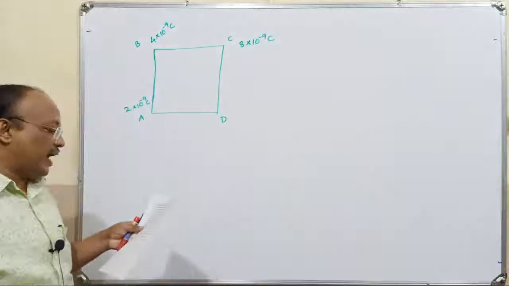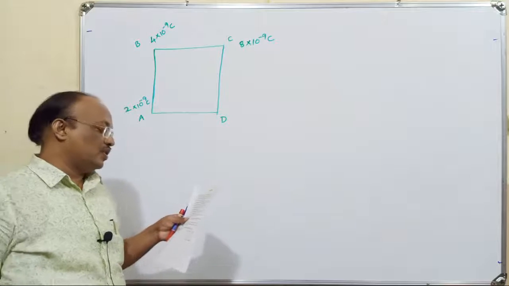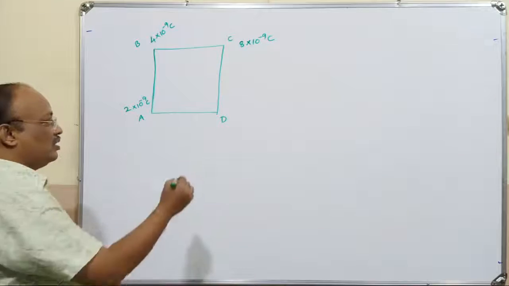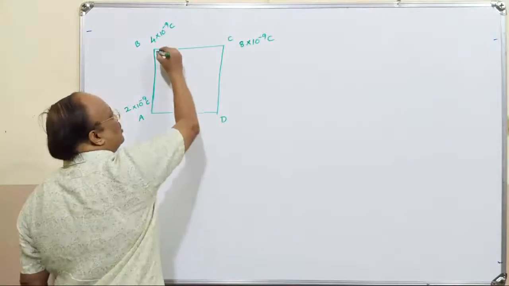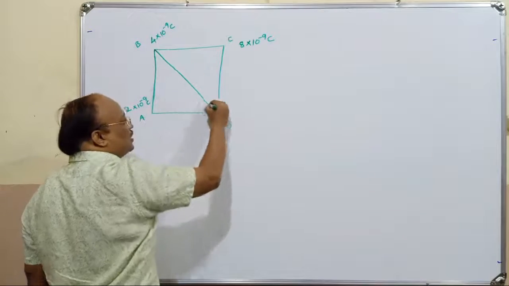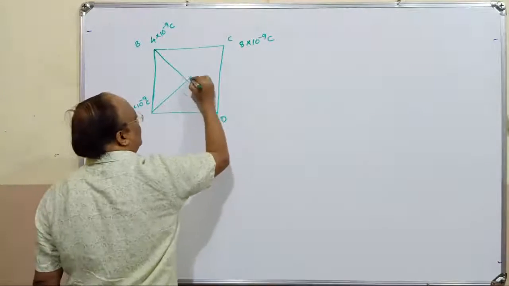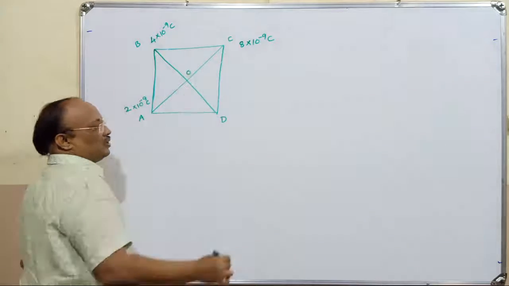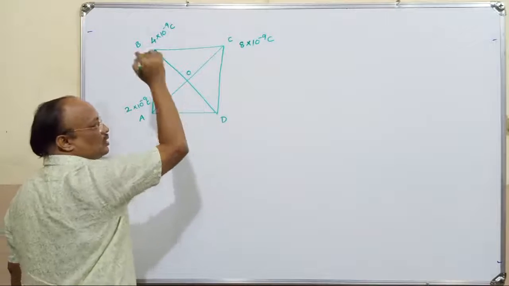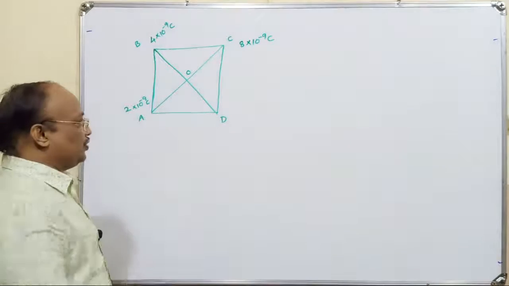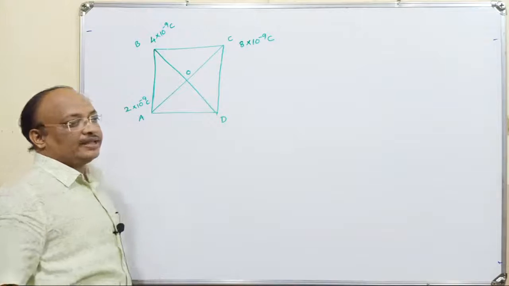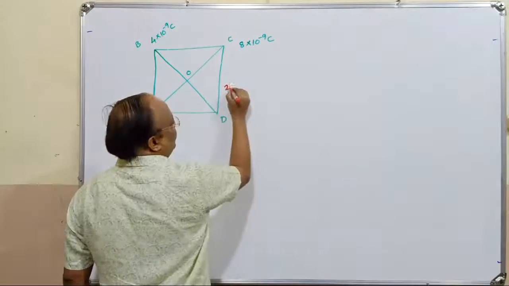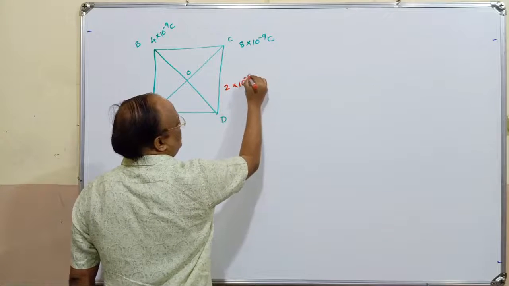And you have to carry a charge of 2 into 10 to the power of minus 9 coulomb from D to the center. This is center O. From D to center O, you have to carry a charge of, once again, 2 into 10 to the power of minus 9 coulomb.